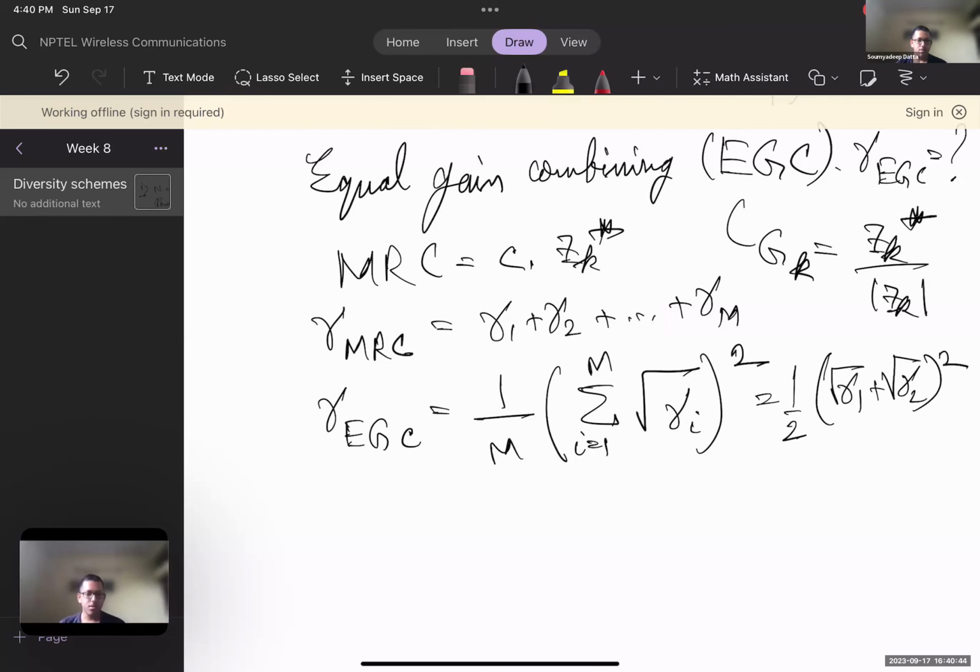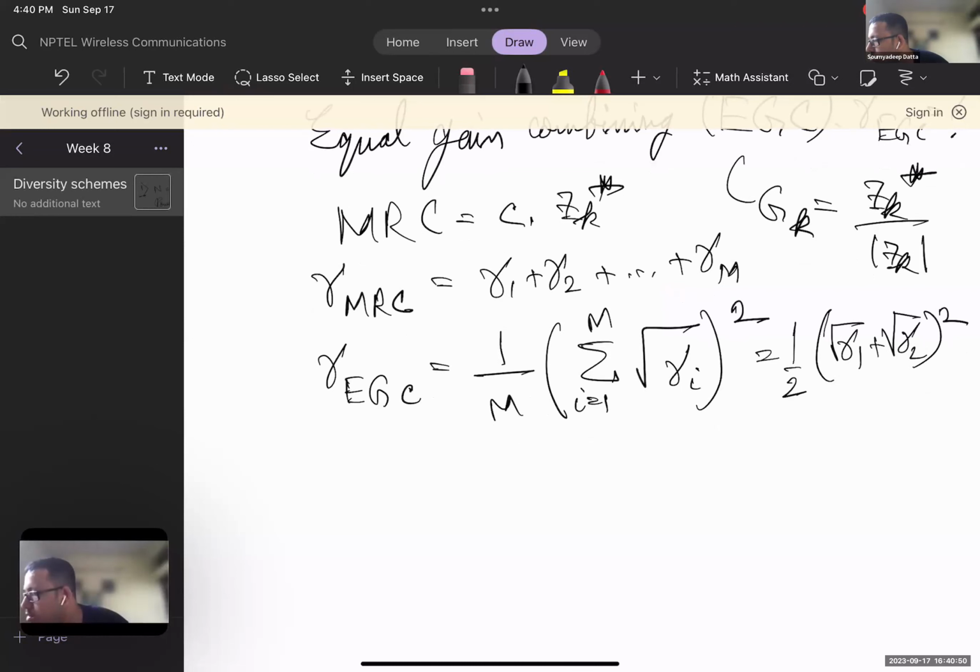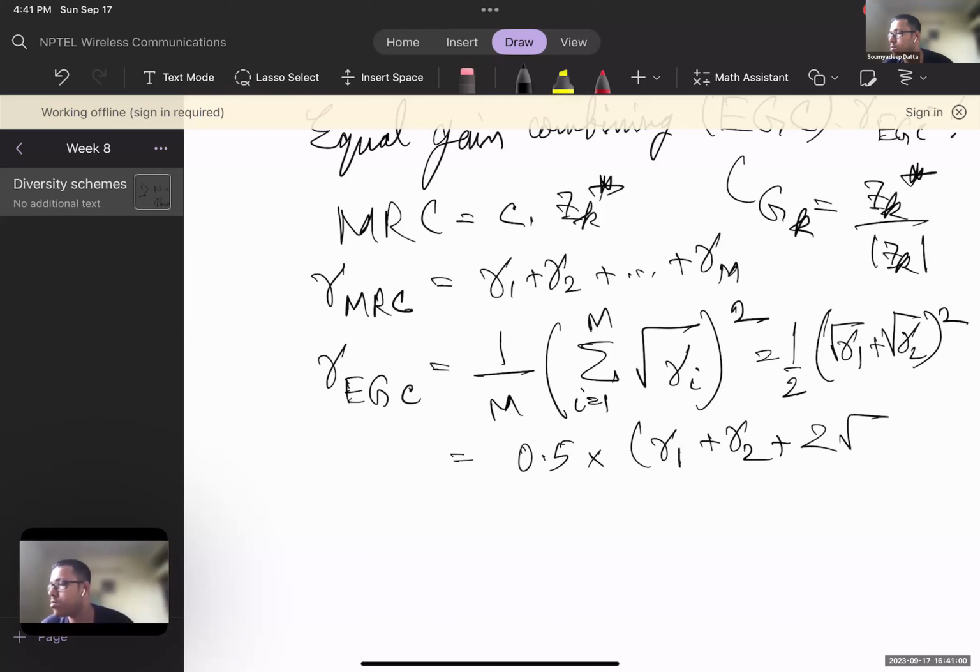Right? So if I write this, it will be 0.5 times gamma 1 plus gamma 2 plus 2 root over gamma 1 times root over gamma 2. Right? This will be the value in linear scale.